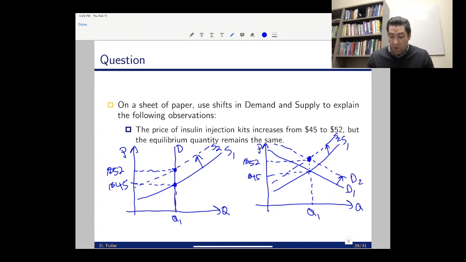So what could cause the price to go up but the quantity to stay the same would be a decrease in supply and an increase in demand. That would explain it. Or it could be that demand is perfectly inelastic or vertical. Okay, so it's taking the information that I have, using the logic of supply and demand to figure out what must be true or what must have happened in this market.